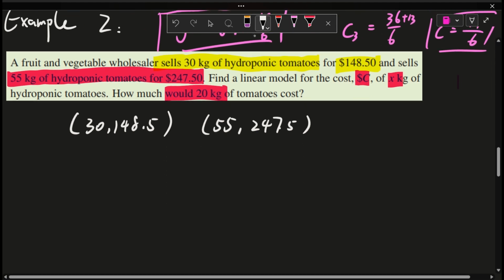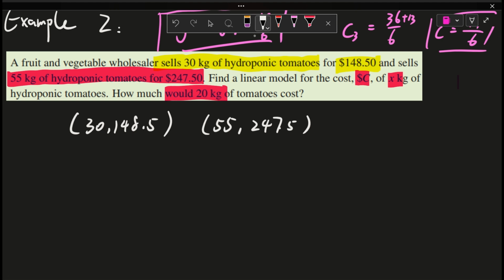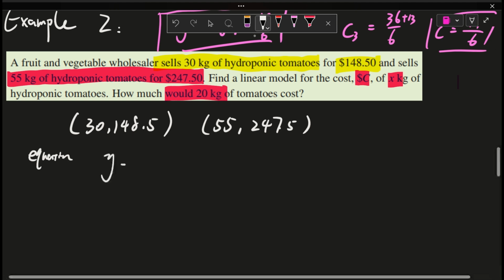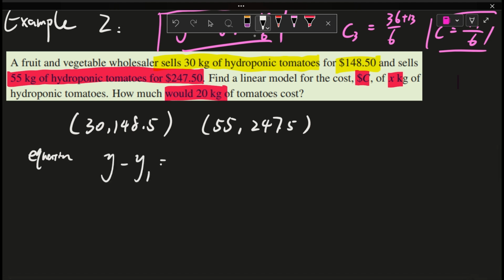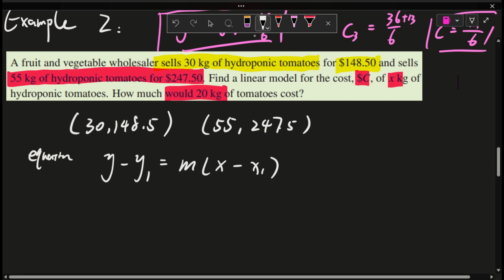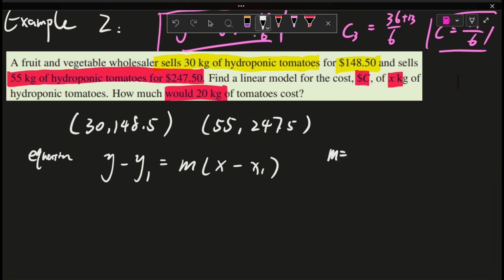After that, we can find our equation first, using y minus y1 equals m times (x minus x1). So let's find m first, which is y2 minus y1 over x2 minus x1.